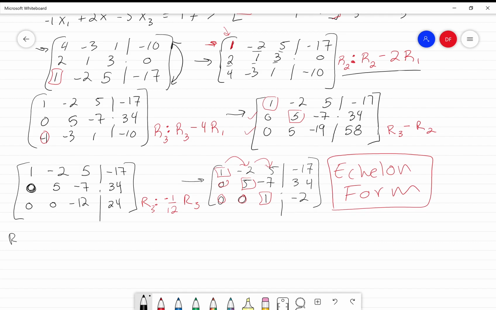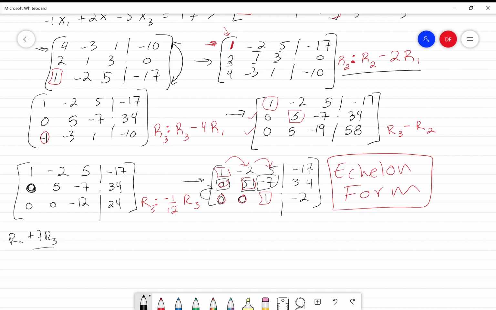I can do row 2 plus 7 row 3. Now I'm doing this because when I add this row to this row, because these are zeros, both of these will stay the same and only negative 7 will change.